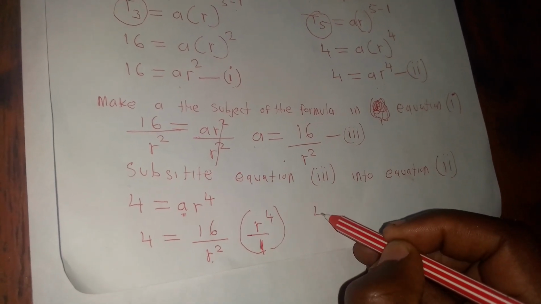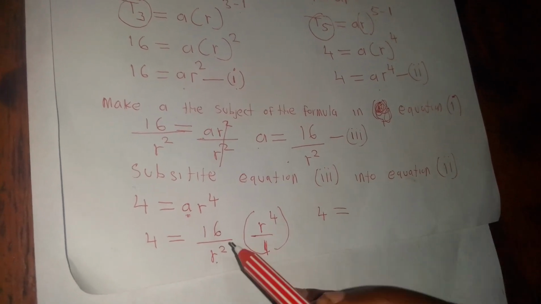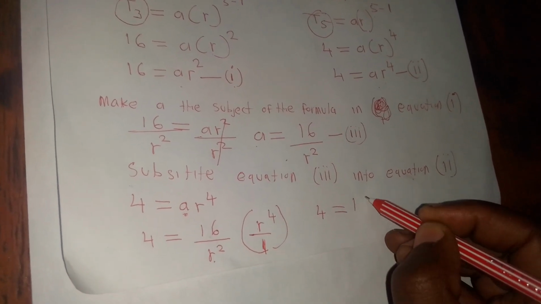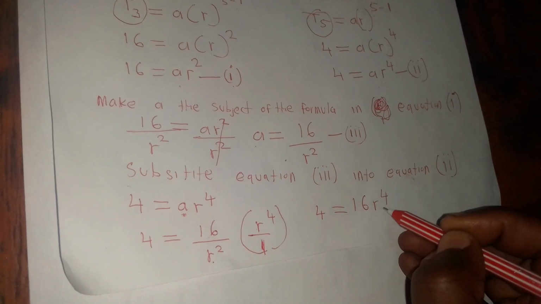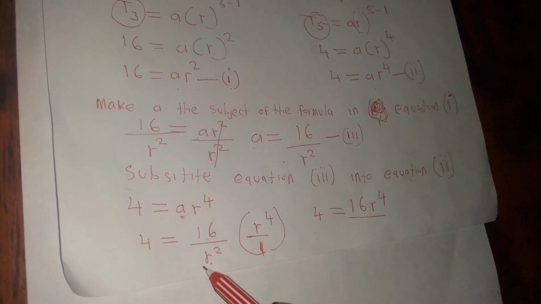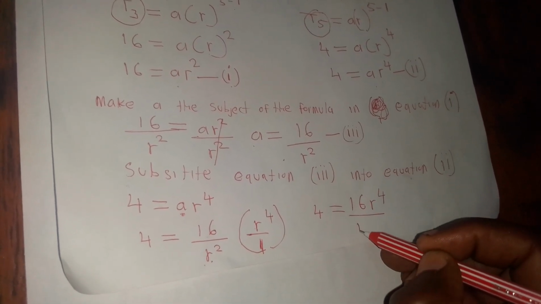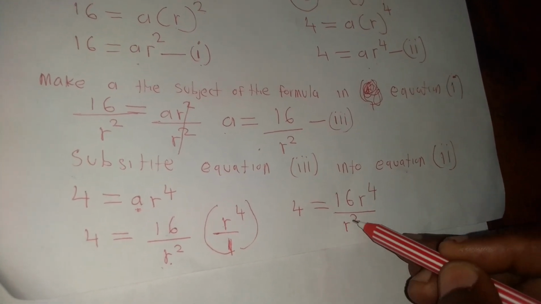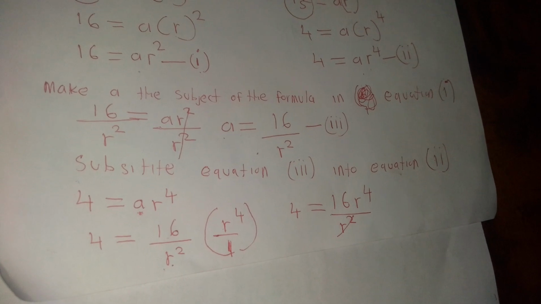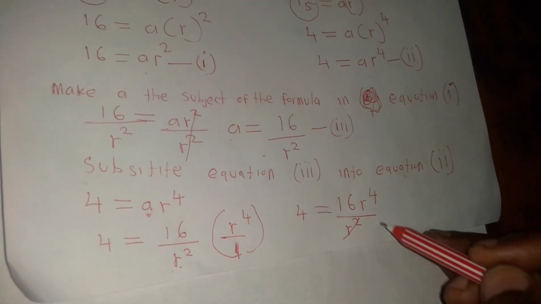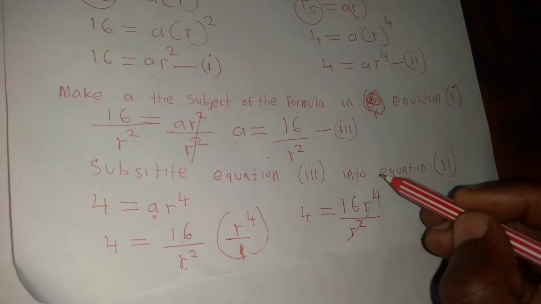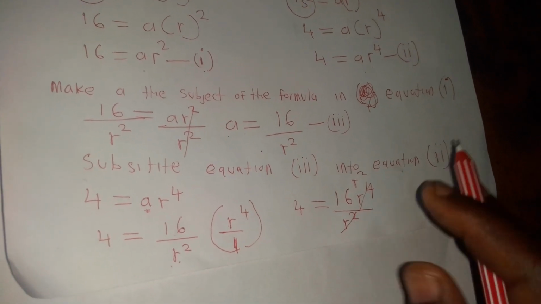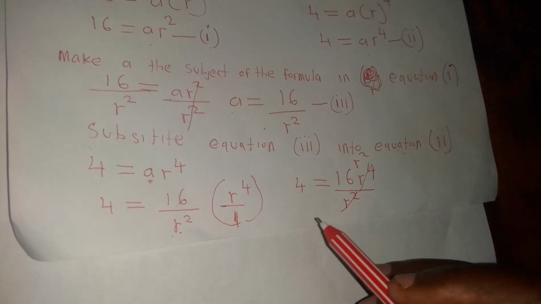So 4 equals, when I say 16 times R to the power 4, I'll get 16R power 4 over R squared times 1, I'll have R squared. You see this? Then now, this R I take away, and since I'm dividing, what I will remain with is R power 2. You see that?